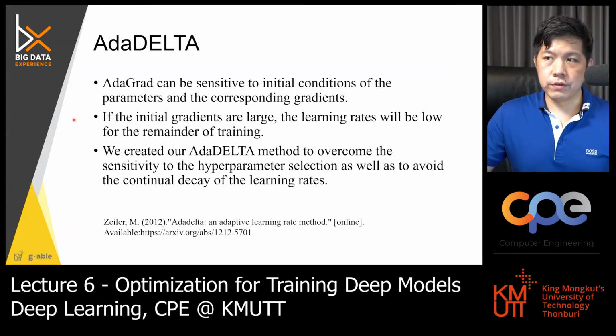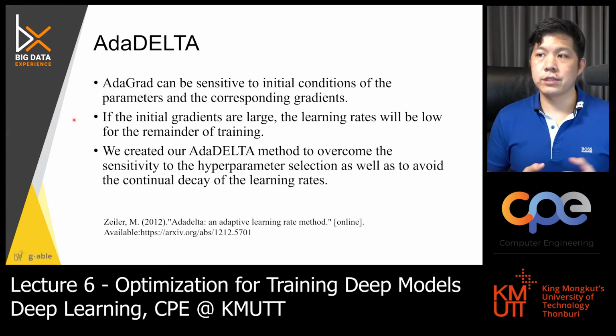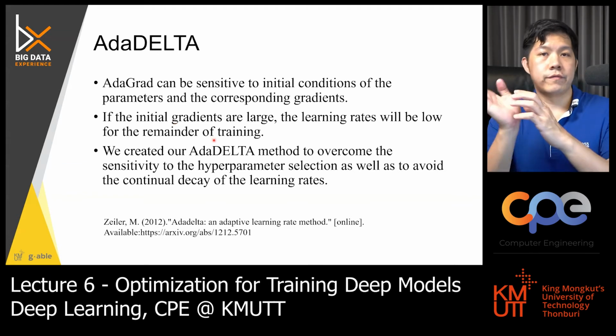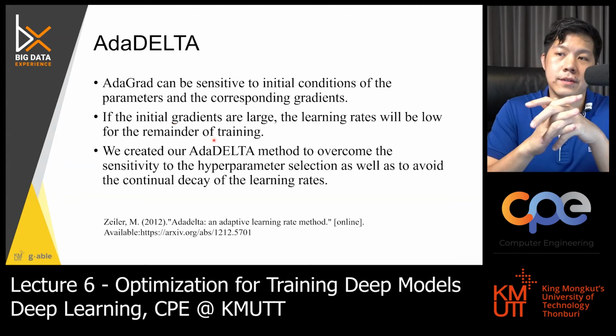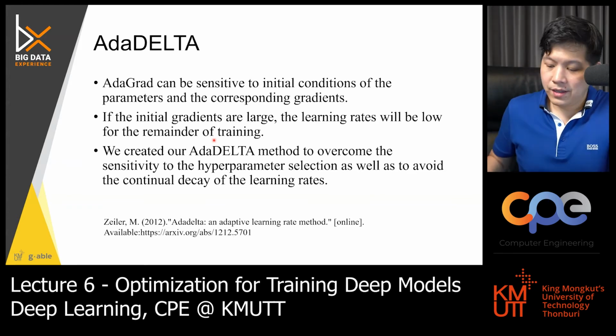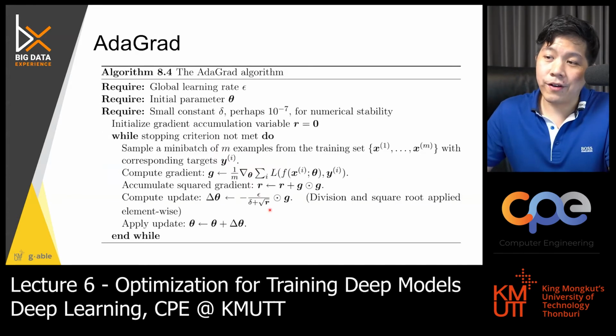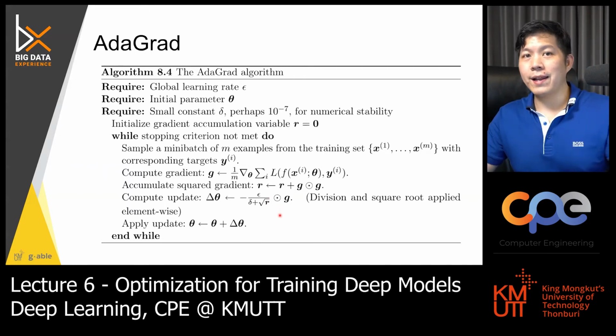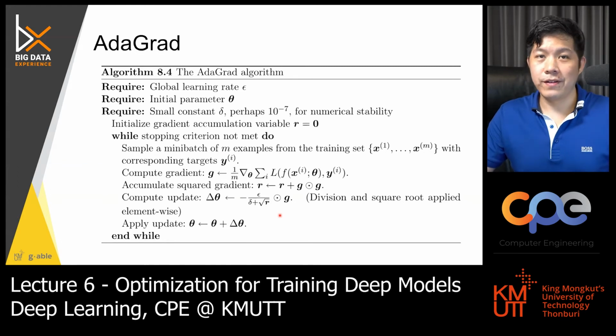So if the initial gradient is large, then the learning rate will be low for the remaining training. Because if the initial gradient is large, then it would scale it down at the beginning, but you don't know, maybe you take one large step and it's not enough.